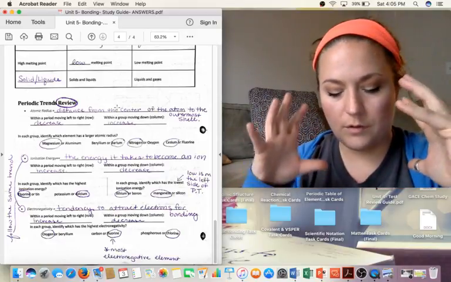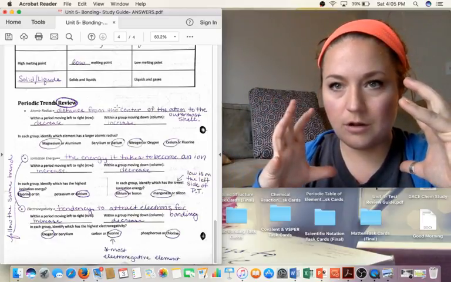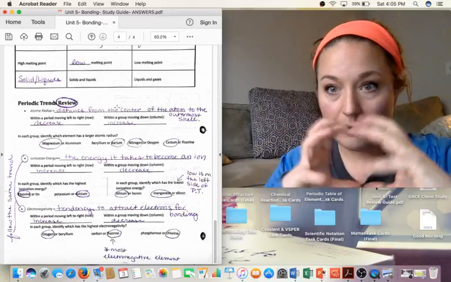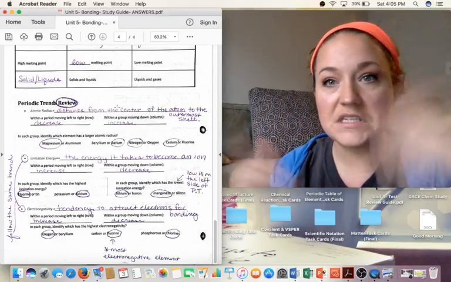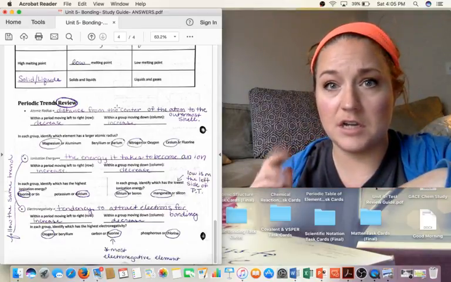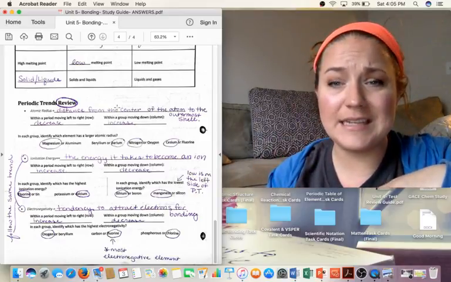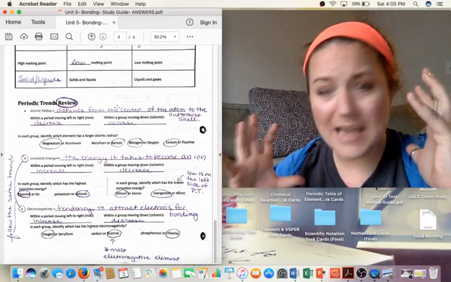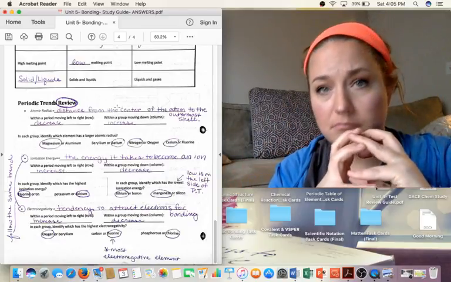So when there's only one electron on the outside, it doesn't really pull a whole lot of the radius in. But when there's a lot of them, just like groups 16, 17, those both have 6 valence electrons, 7 valence electrons, or our noble gases, group 18, who has a full shell, pull very tight because there's more of them.